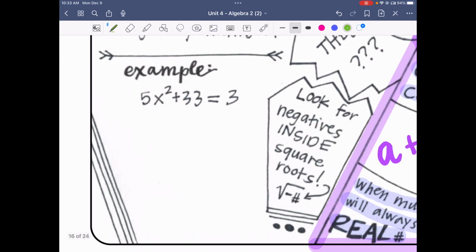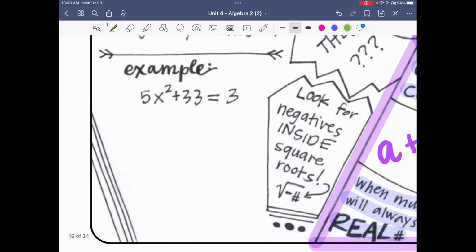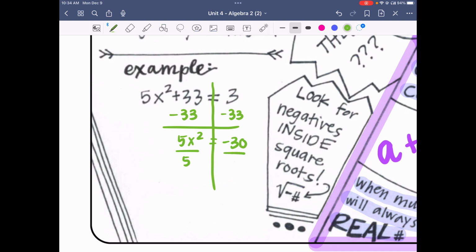Here is an example. So in this problem, we would ultimately subtract 33 first from both sides. I would get 5x squared equals negative 30. Then I would divide by 5.